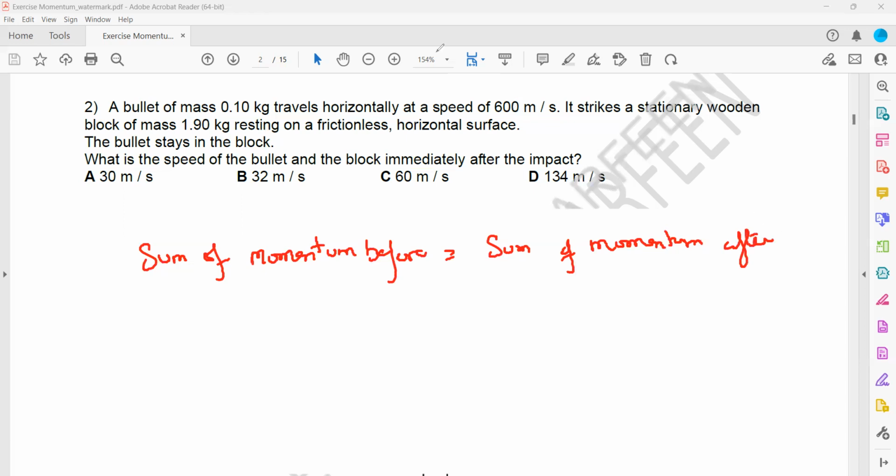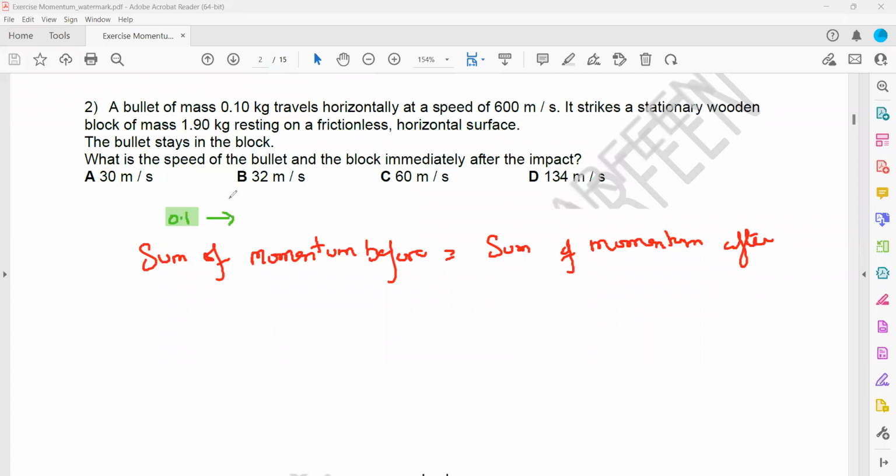Now, we have to use the conservation of momentum. So we have to sketch a figure for this. There's a bullet, having a mass of 0.1 kg.